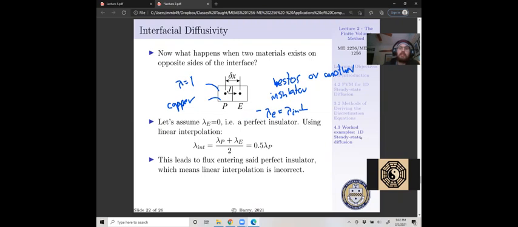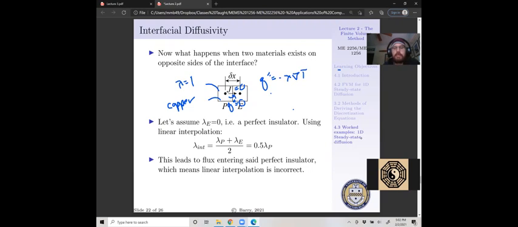what we're saying is if this is perfectly insulated, our flux J, and you can think about this as a heat flux, Q double prime, this would be equal to 0, right? Because Q double prime is equal to minus lambda grad T. Now, in this particular situation, these two temperatures would differ.